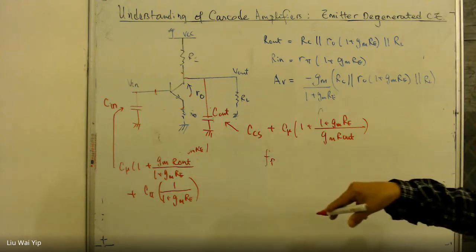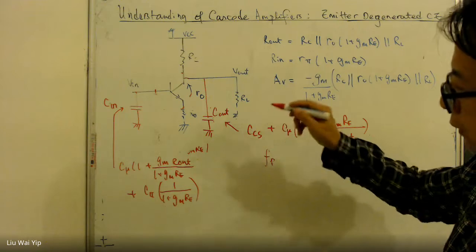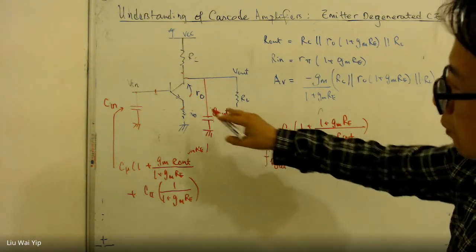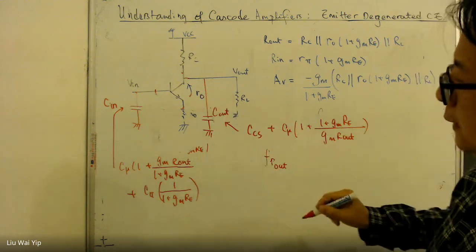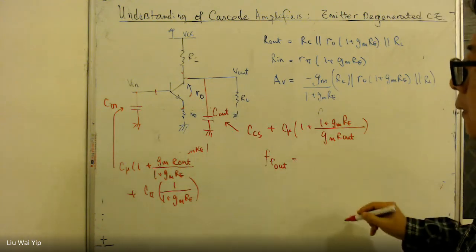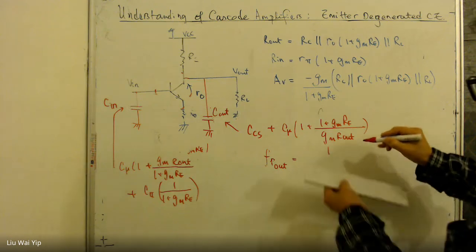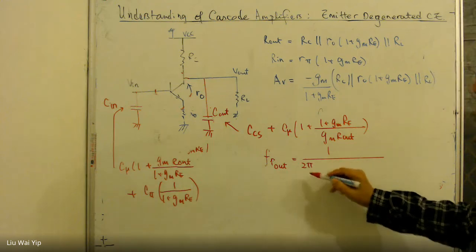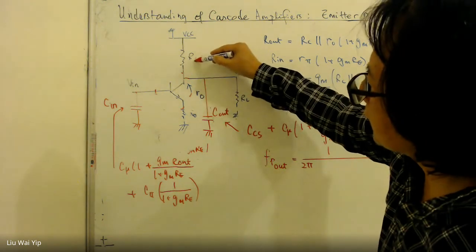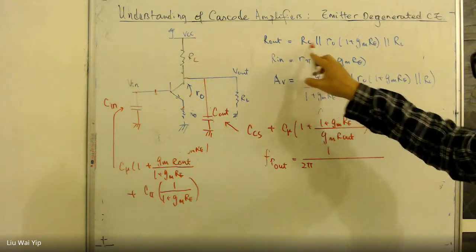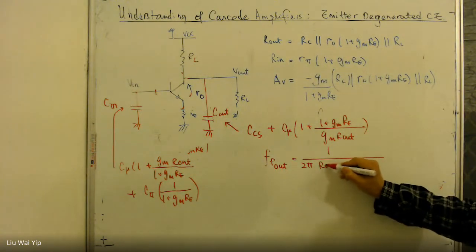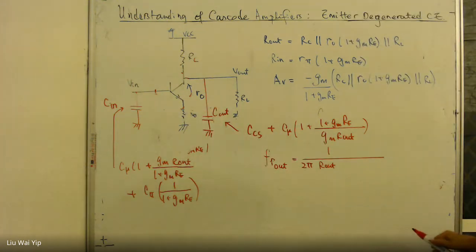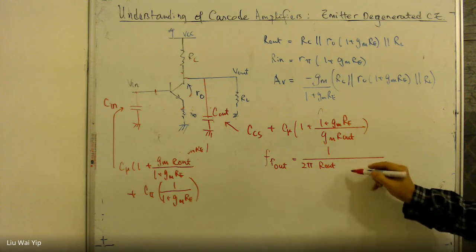Poles mean the corner frequency. We start with this one, C out. This means the pole connected to the C out. It is 1 divided by 2 pi and the resistance. The resistance will be the total output resistance, which is this one here, and the capacitance, which is C out, this one here.